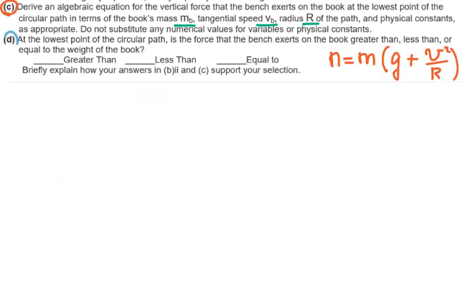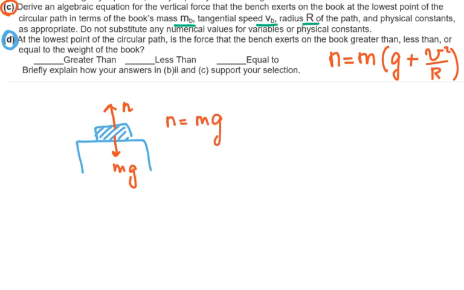And for the last part, at the lowest point of the circular path, is the force that the bench exerts on the book greater than, less than, or equal to the weight of the book? So here is the bench, and here is the book. Normally, without any circular motion, you would have mg and the normal force, and in this case, N would be equal to mg.